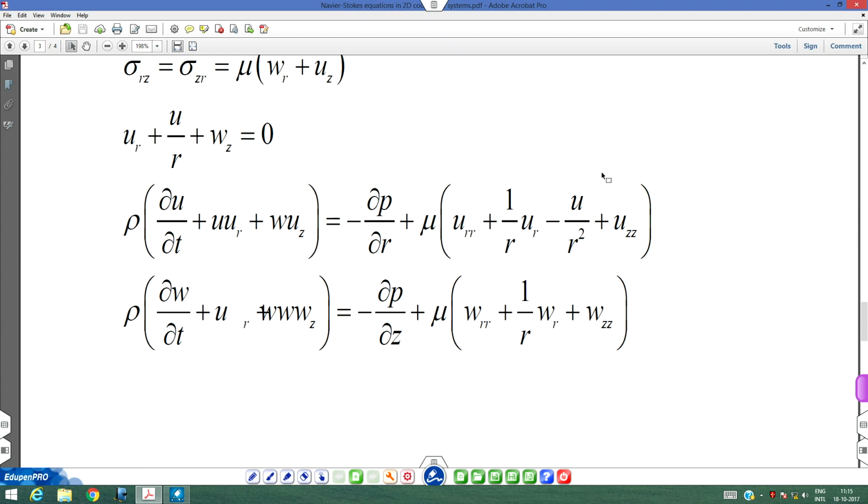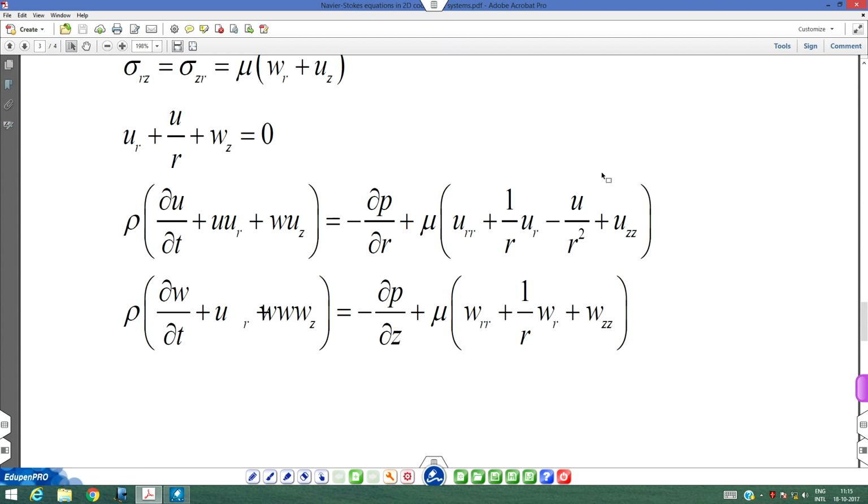And if you take the limit r approaching infinity, this will go back to your Cartesian coordinates. And overall, the complexity of the governing equations will increase further.